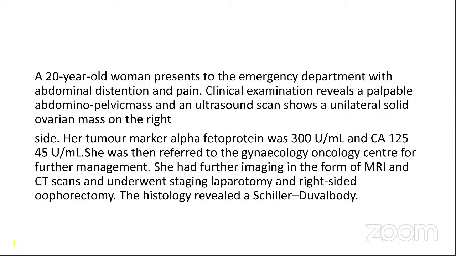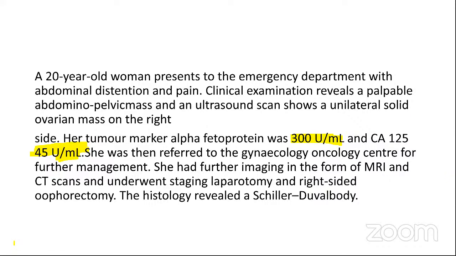Next. A 20-year-old woman presents to the emergency department with abdominal distension and pain. Clinical examination reveals a palpable abdominopelvic mass, and an ultrasound scan shows a unilateral solid ovarian mass on the right side. Her tumor markers, alpha fetoprotein was 300 and CA125 was 45.